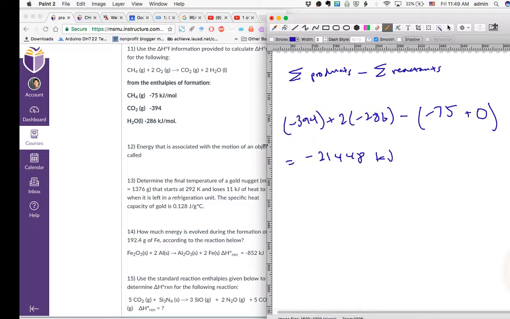Wait, this number is a little high, don't you think? 2 times 300 is 600. 600 plus 400 is 1,000. Yeah, this number is way too high. I'm going to recalculate that.